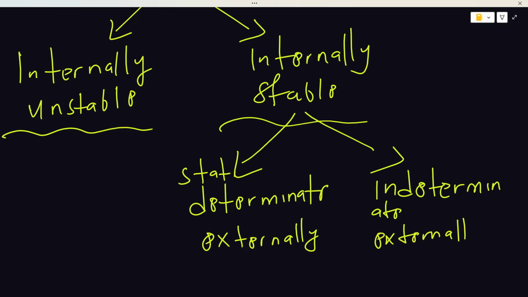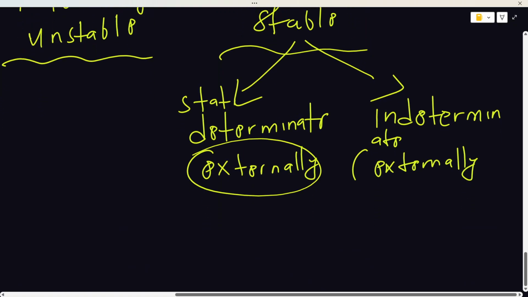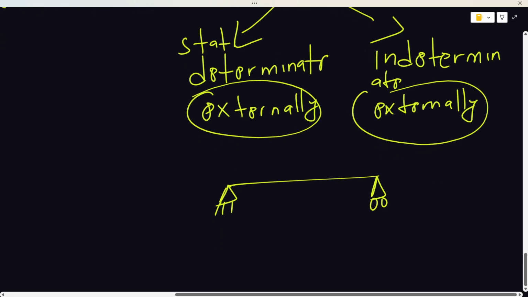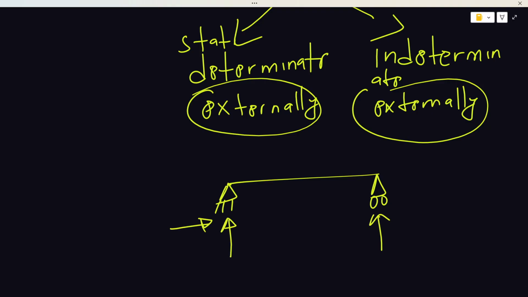I'm using externally to denote that they are external influences, the supports. Remember that when we have a structure, let's say this is it, it's the support that we are looking out for to know whether it is determinate or indeterminate. For instance, we have here two reactions, so because of this support, which are external agents, we have three unknowns. So all these are external.